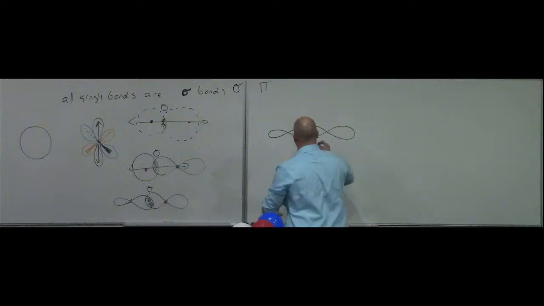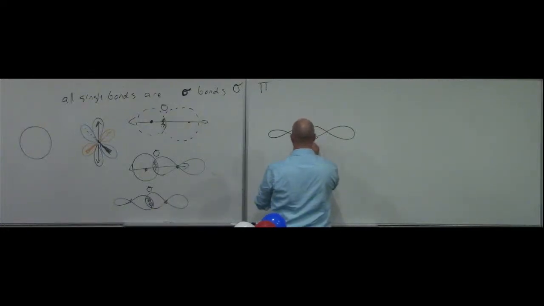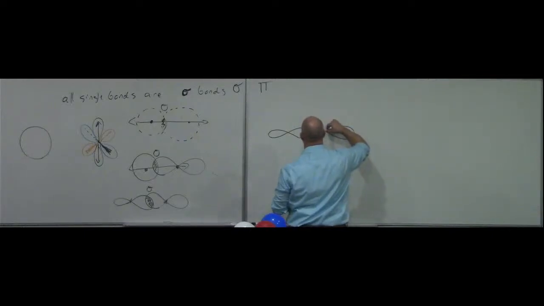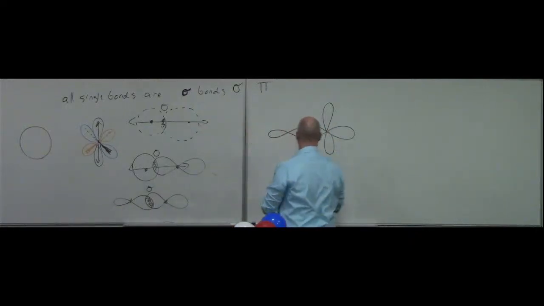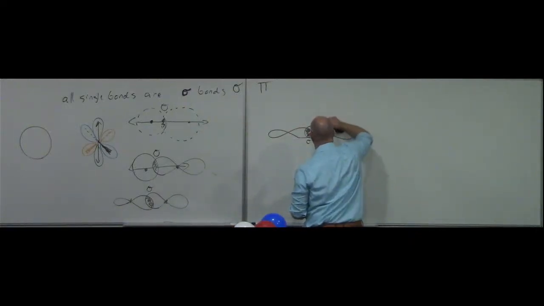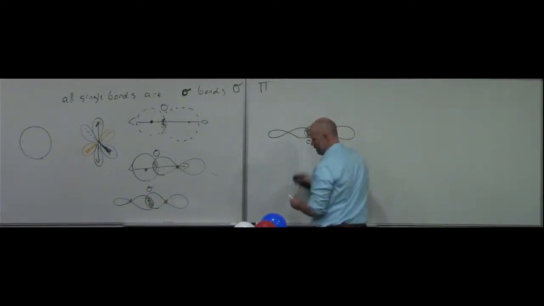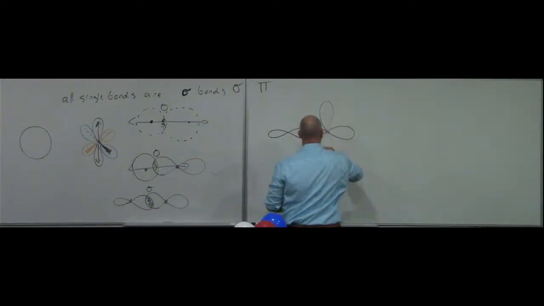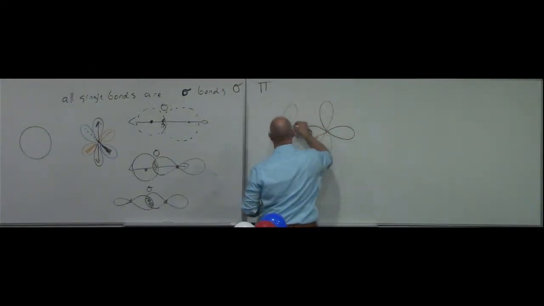Okay? So this was my sigma bond, right? Now if I'm going to do a pi bond, I can do one up here. Let me do this in a color. It'll help. I can do one up here, right?